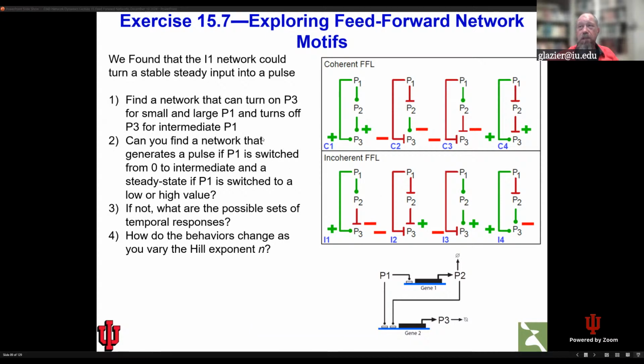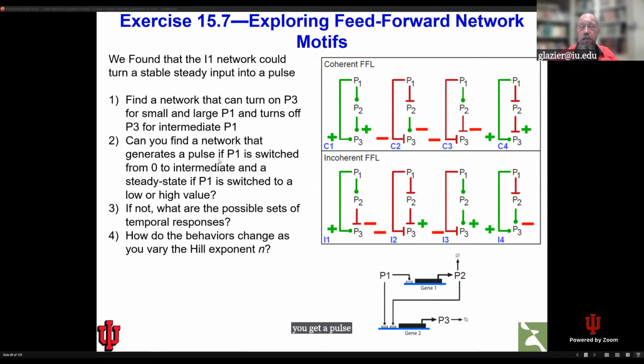There are a number of possibilities here. For example, you could find a network where P3 is turned on if P1 is either small or big, but turns off when P1 is in the middle. So that's one where it excludes the middle. Another one is the pulse generator that we just did, where when you turn P1 on, you get a pulse.